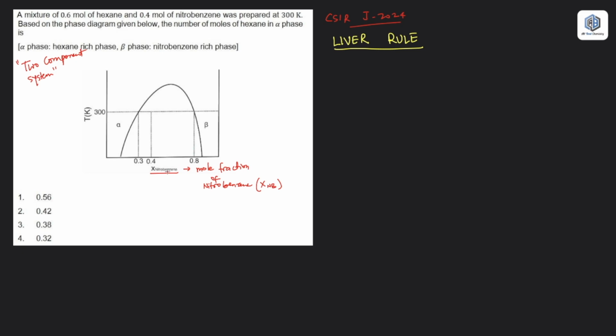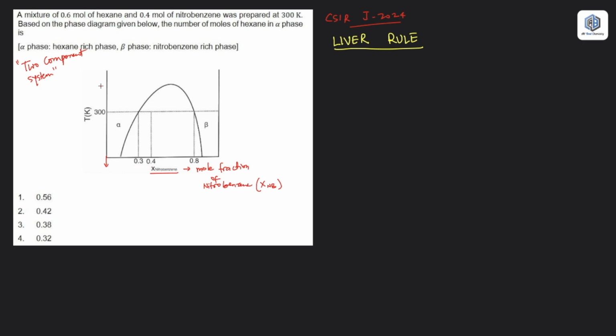Okay, now over here at any point you will have a certain amount of hexane and a certain amount of nitrobenzene. So at this particular place, you can see that the percentage of nitrobenzene, or the mole fraction of nitrobenzene, is increasing.